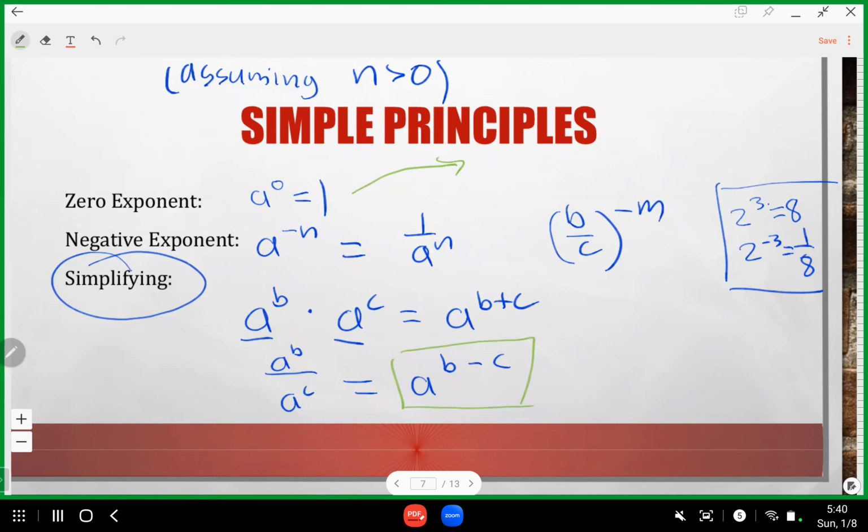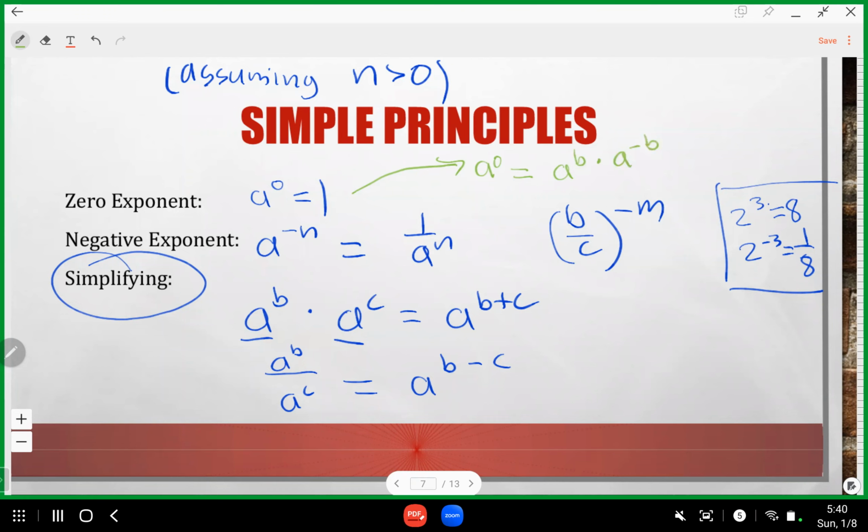Instead of using division, we can visualize it better with multiplication. So a to the b times a to the c is a to the b plus c. So what would a to the 0 equal? A to the 0 would equal a to the b times a to the negative b.